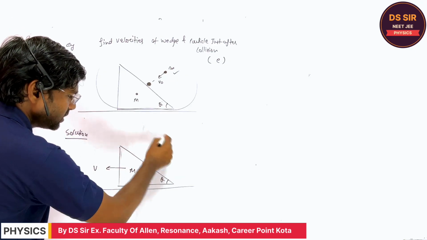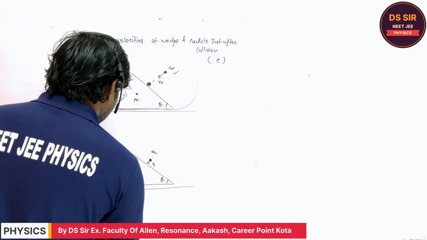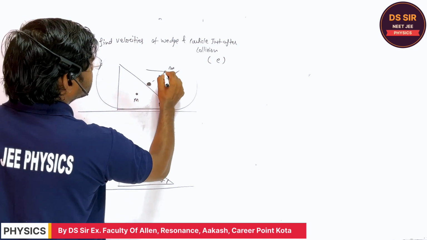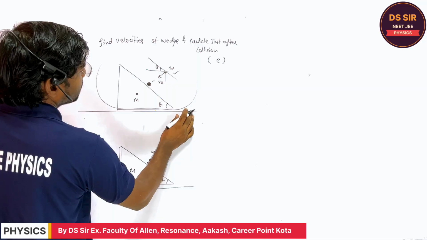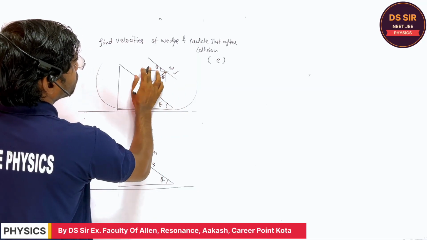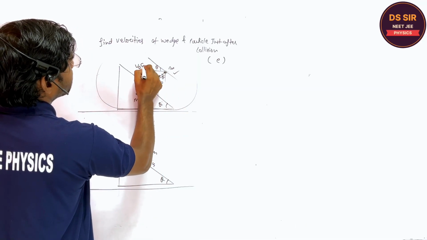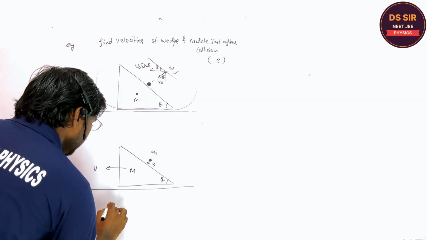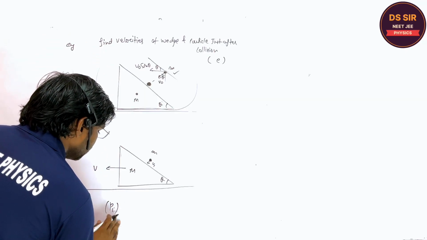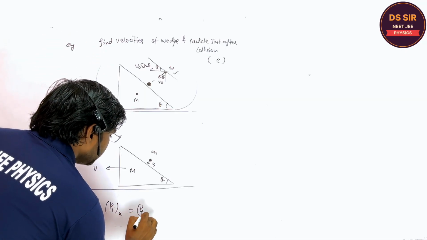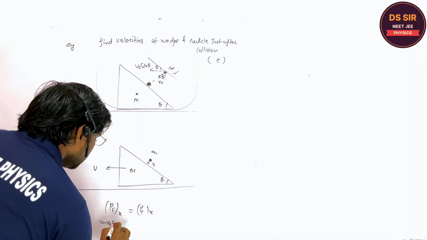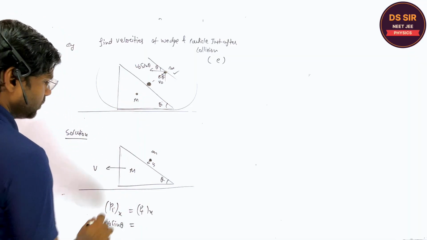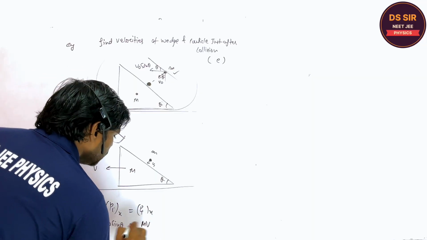If this is theta, this is 90 minus theta and theta, so this is v naught sine theta. So initial momentum in the x direction is equal to final momentum in the x direction. So m into v naught sine theta must be equal to capital M into V.